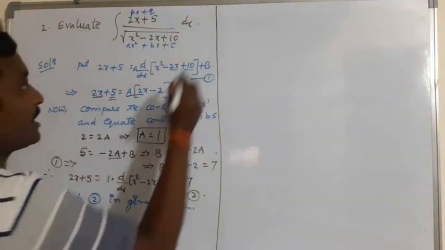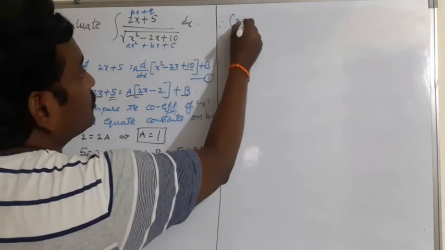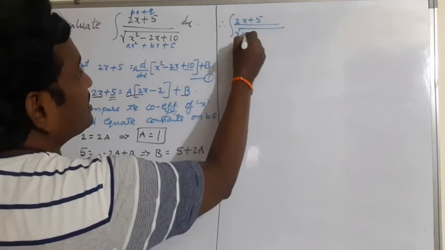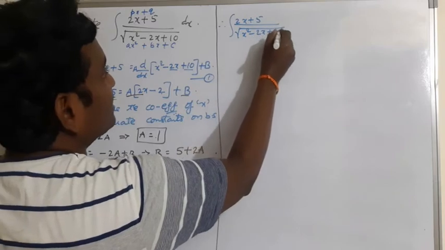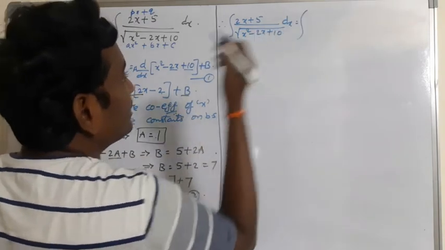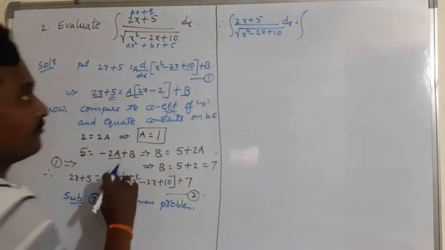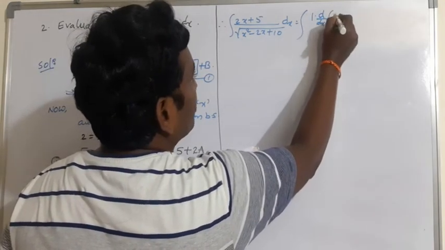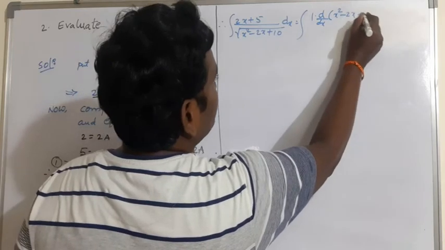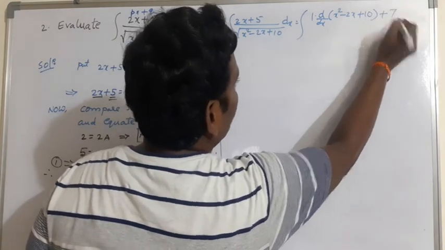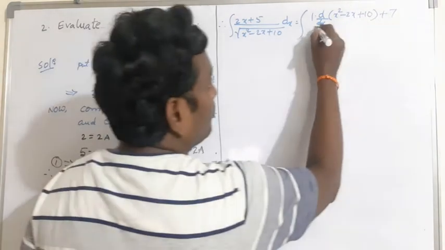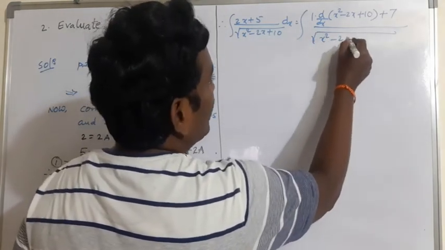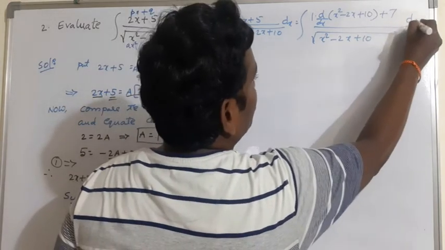So the given problem becomes the integration of 2x plus 5 whole by root over x square minus 2x plus 10 dx, which is equal to the integration of 1 into d by dx of the quadratic term x square minus 2x plus 10, plus the B value, 7 here, whole by root over x square minus 2x plus 10 into dx.